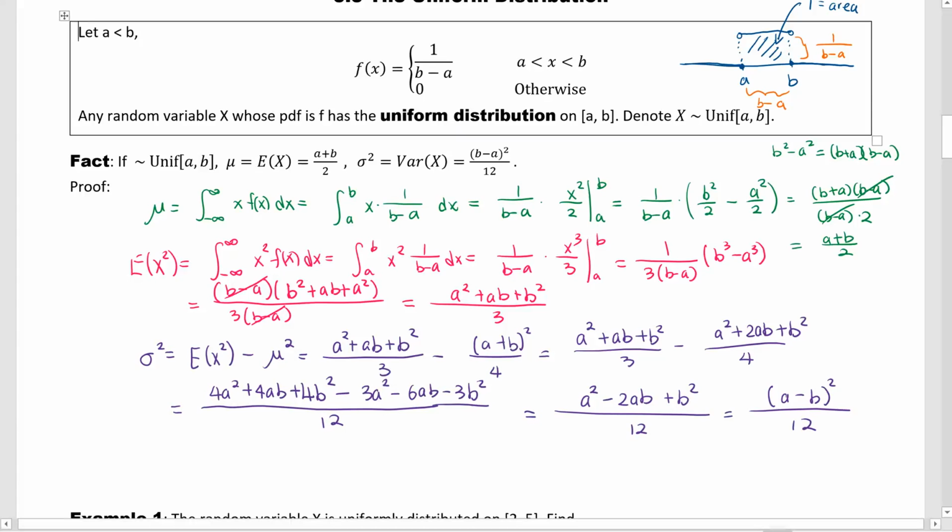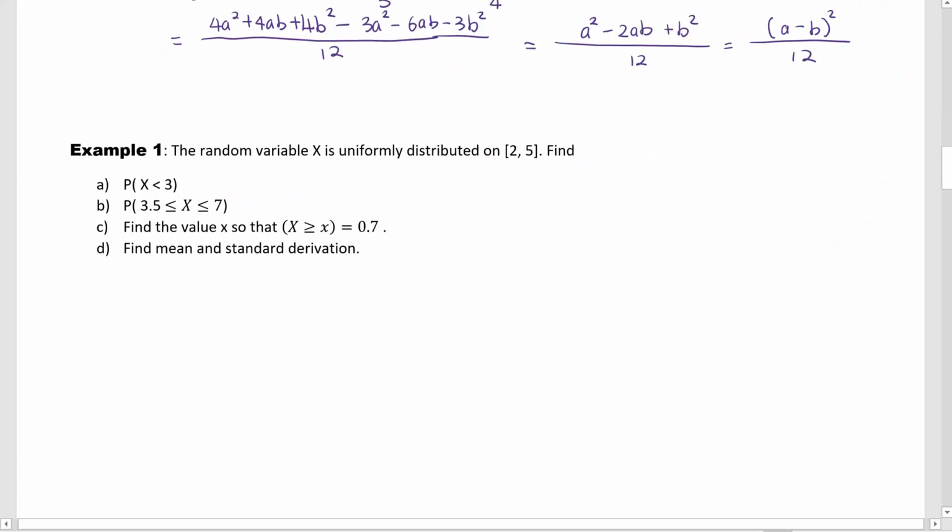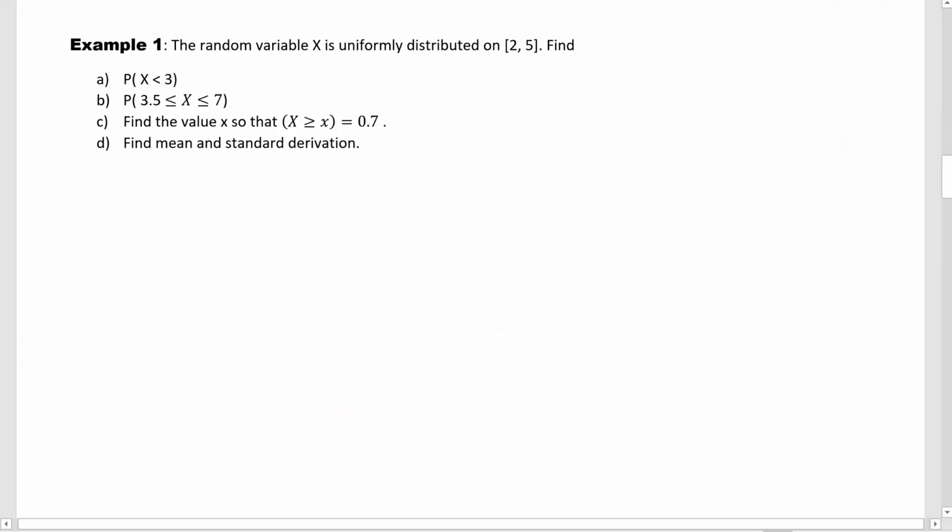Yay! Okay, let's look at example 1. The random variable x is uniformly distributed on the interval from 2 to 5. Find the following. Let me draw the picture.